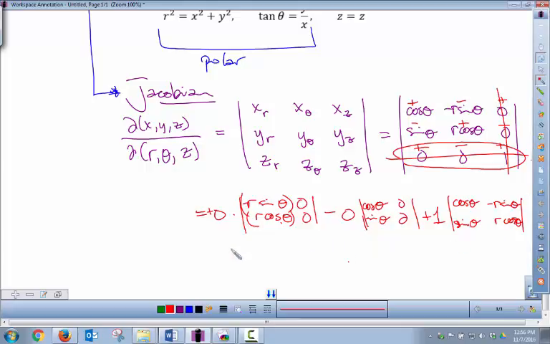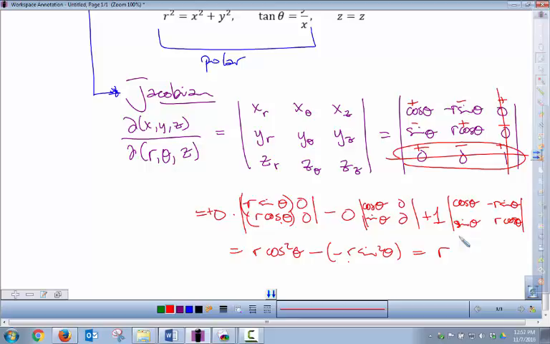And so we have r cosine squared theta minus negative r sine squared theta, which is r times sine squared plus cosine squared, which is just going to be r, which happens to be the same as our polar coordinate transformation.